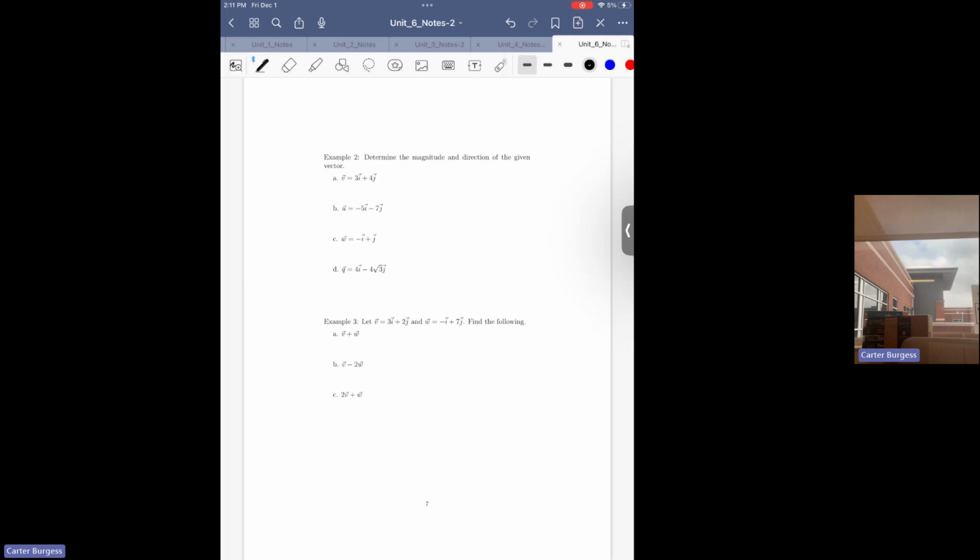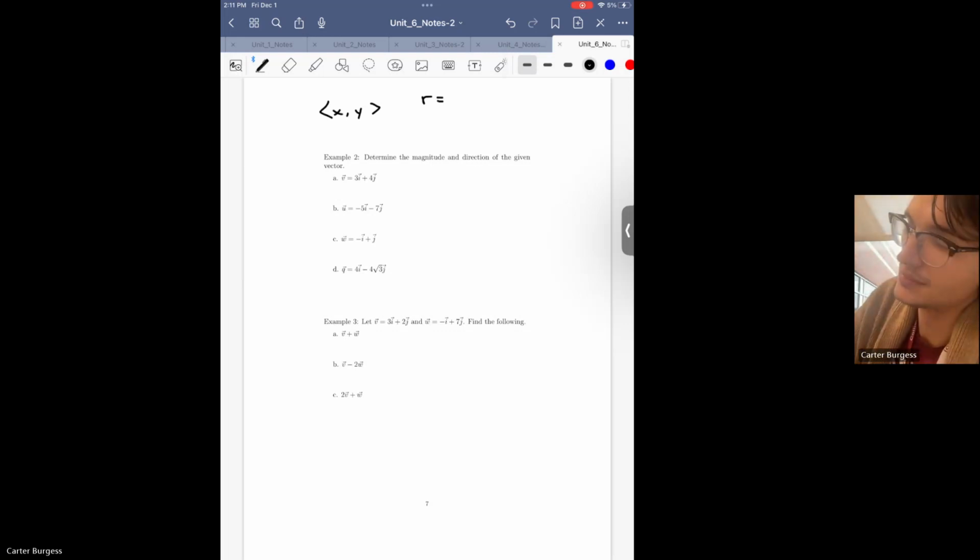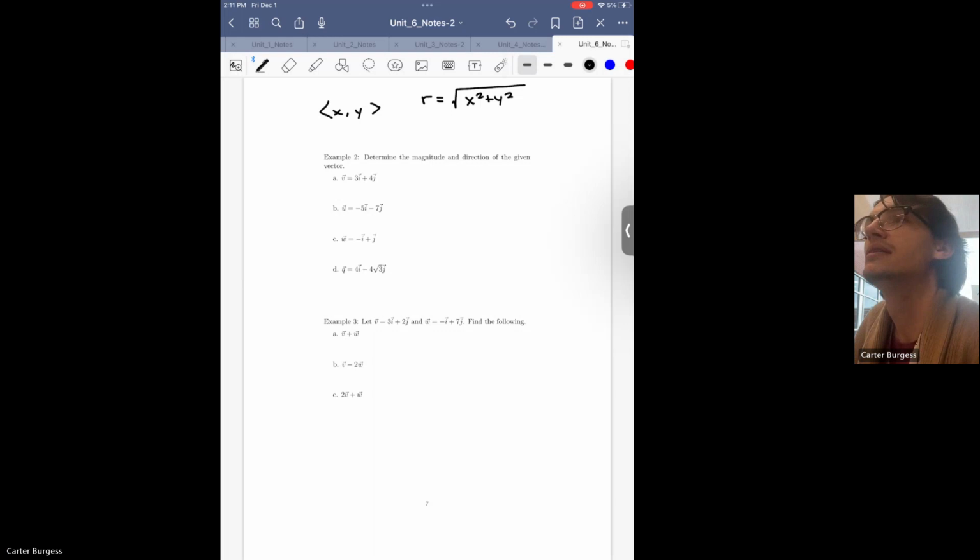If I have the vector, we could think of this either in its component form or its decomposed basis form. If I have the vector x comma y, what is r going to be? Yeah, square root of x squared plus y squared.